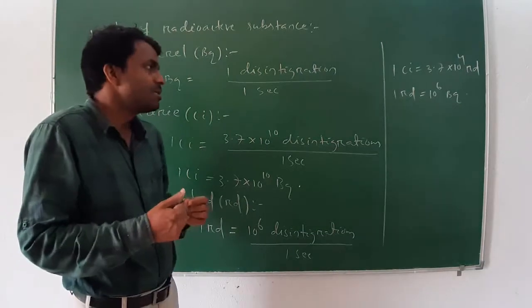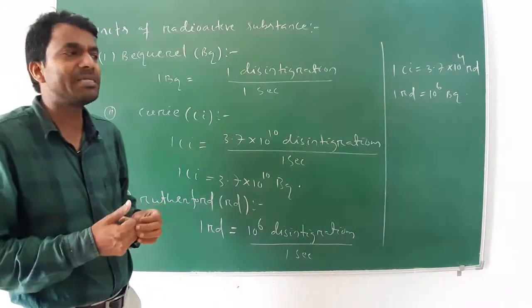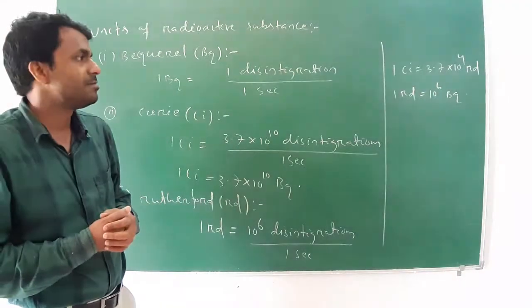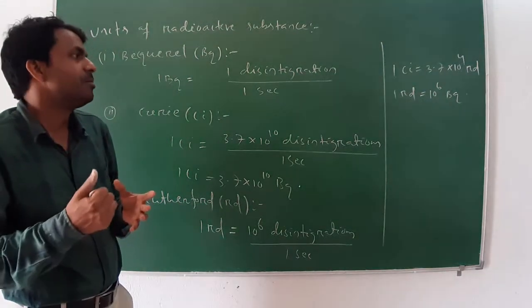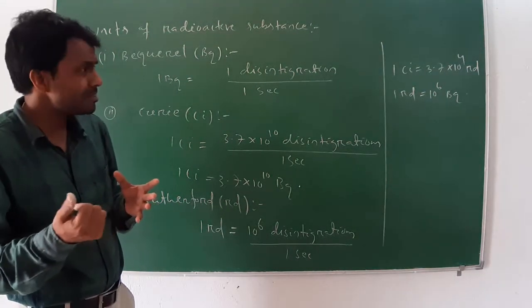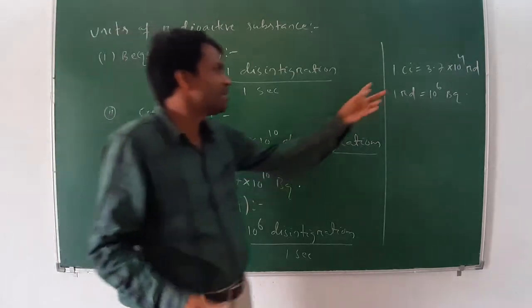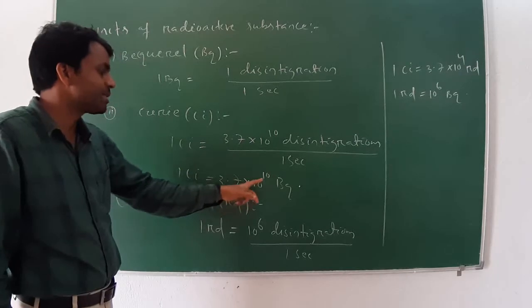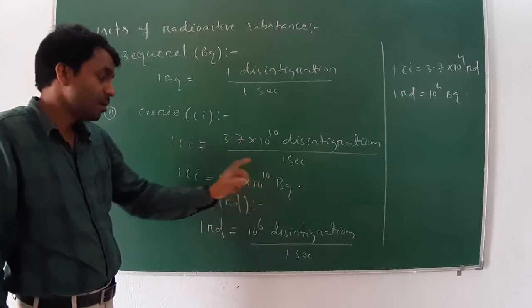Now the question is, what is the relation between Curie, Rutherford and Becquerel? 1 Curie can be written as 3.7 into 10 to the power 10 Becquerel.